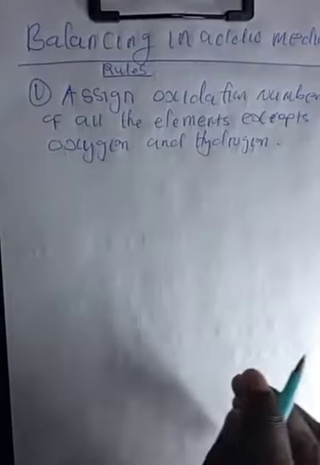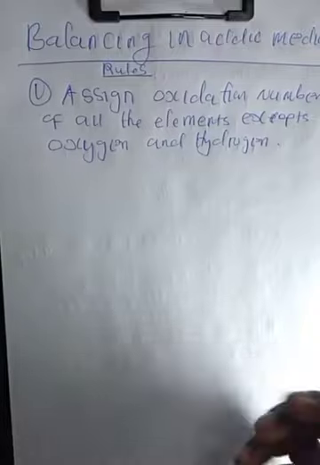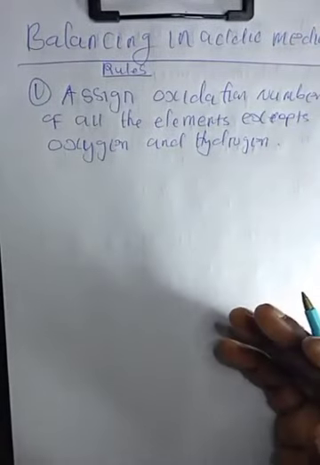So we cannot assign for oxygen and hydrogen because they are known: oxygen is always -2 and hydrogen is always +1. So I say assign oxidation numbers of all the elements except oxygen and hydrogen.